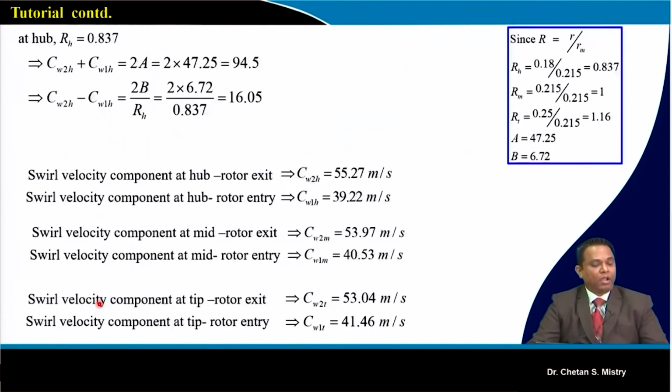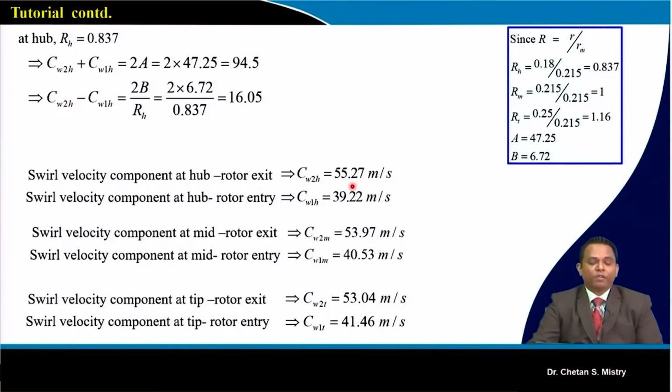Now once we have calculated these constants, we can calculate my Cw1 at the entry and at the exit at 3 different stations: hub, mean and tip. This is the formulation that we have already discussed earlier.